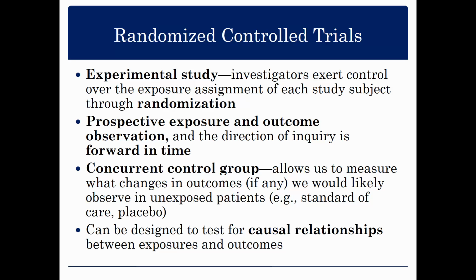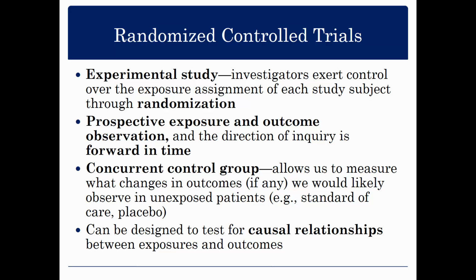And finally, the gold standard of study designs, anyway, is the randomized controlled trial. It is a truly experimental study, and the reason it's an experimental study is because investigators are exerting control over the exposure assignment of each study subject, preferably through randomization. In a randomized controlled trial, they use random processes to assign treatment to the study subjects.